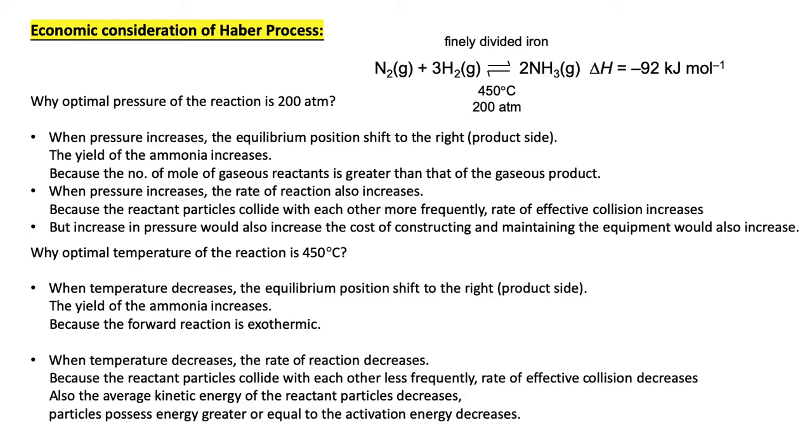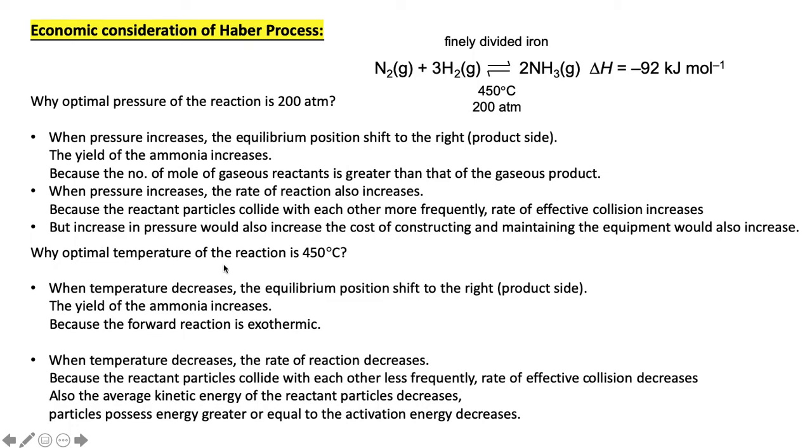First of all, why does the pressure have to be 200 atm? Because it is a balance between the yield of ammonia and the rate of reaction. Here is some explanation. You can freeze the video and take a look at the exact explanation.